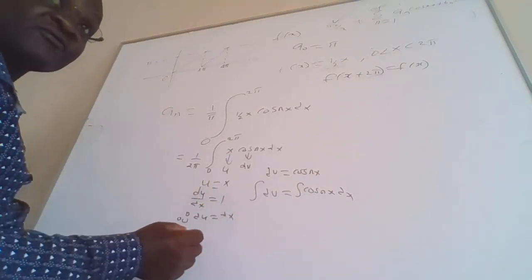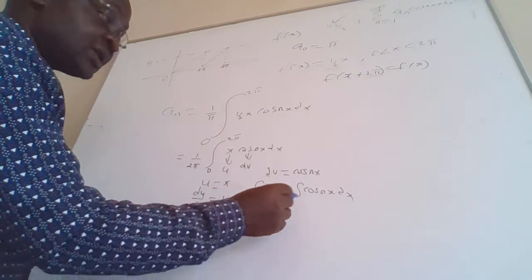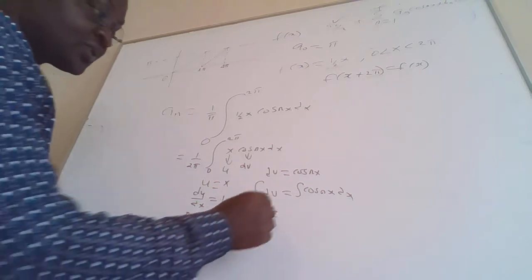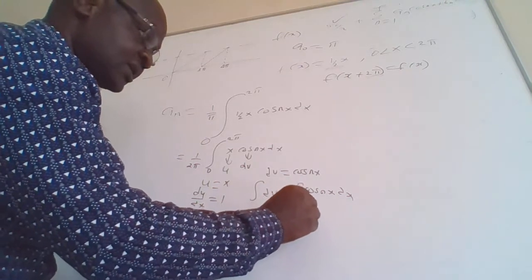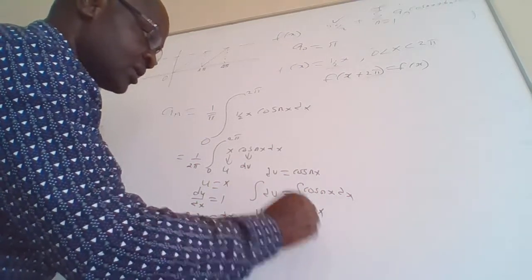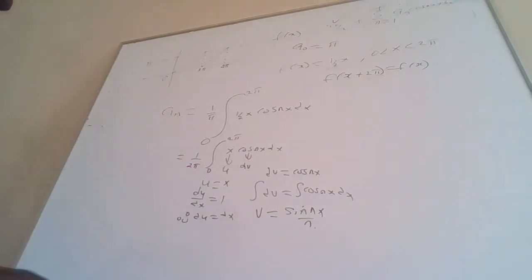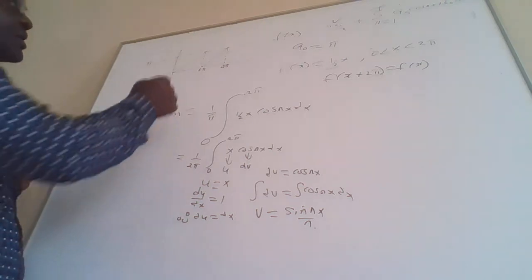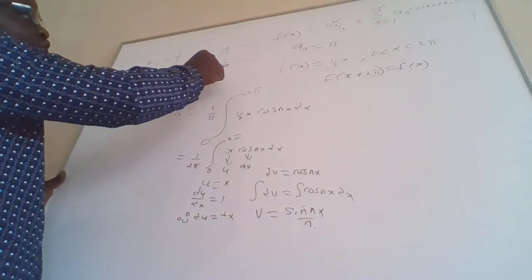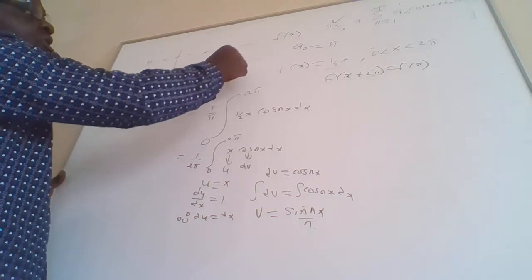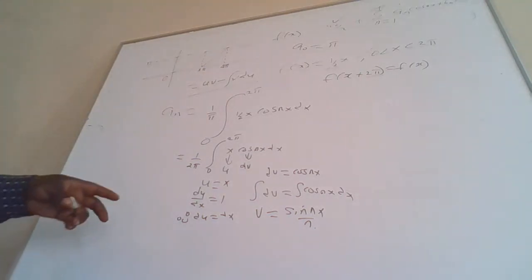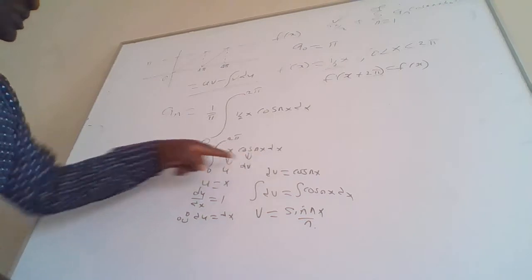When you integrate dv, you get v, and when you integrate cos nx dx, we get sin nx over n. Now, once we have all this, the integration by parts formula is given by uv minus the integral of v du. This is the formula that we want to apply to solve this.